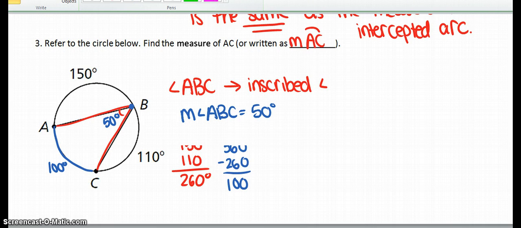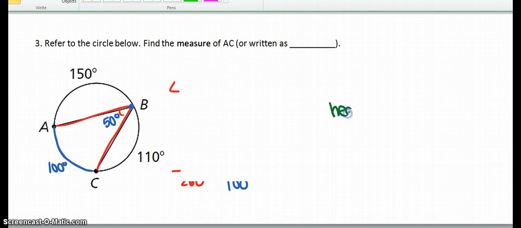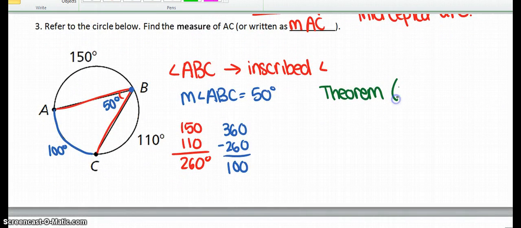And I'm going to summarize this into a theorem. So our second theorem for today is about inscribed angles and their arcs.